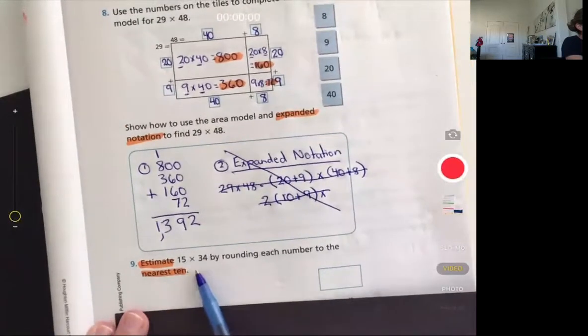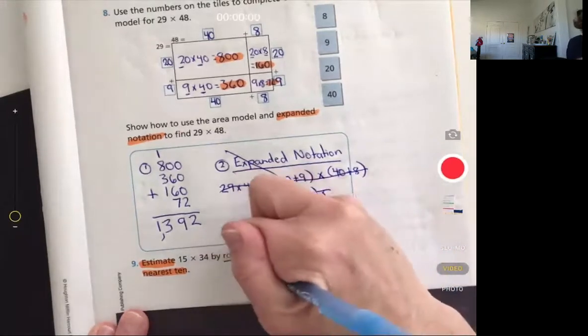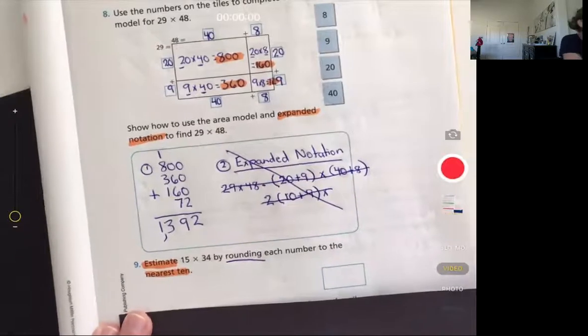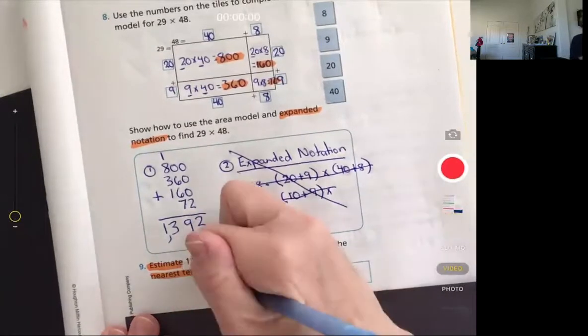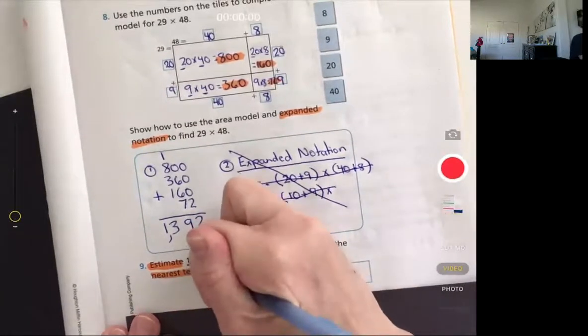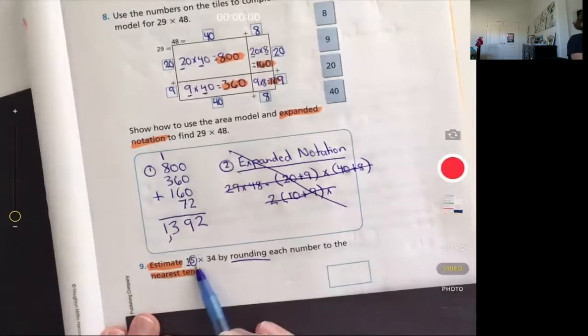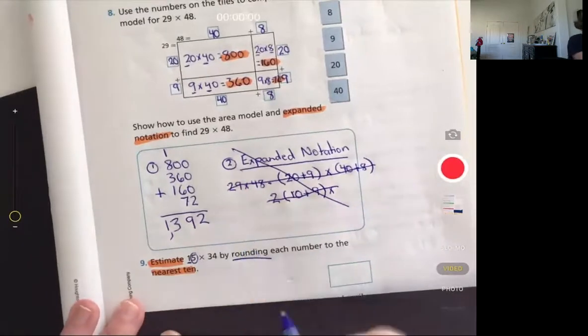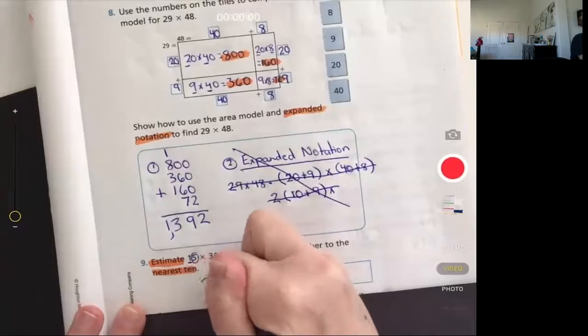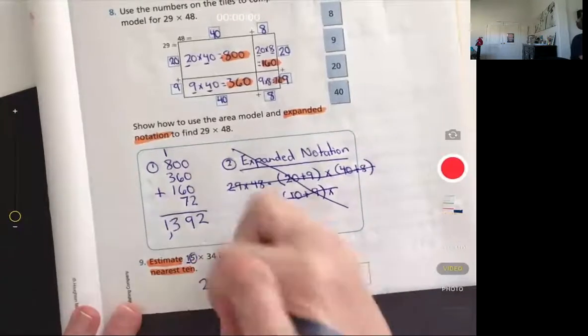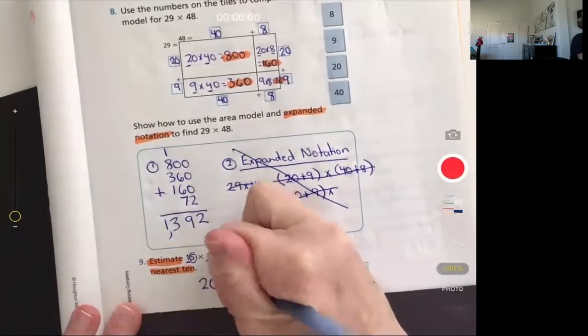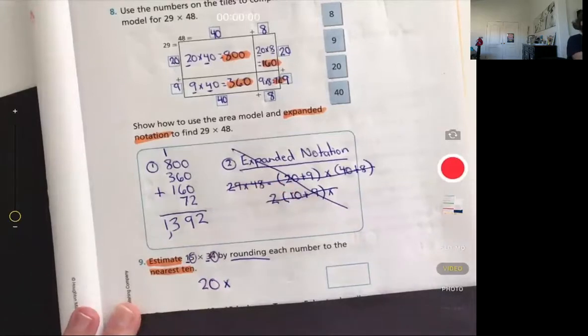Estimate 15 times 34. So we're going to round. This is important. Round each number to the nearest 10. Here we go. 15. I locate the tens place and I look to my right. So 5 tells me round up. So our new equation will be 20 times, let's round this. 4 tells me stay low, stay low.